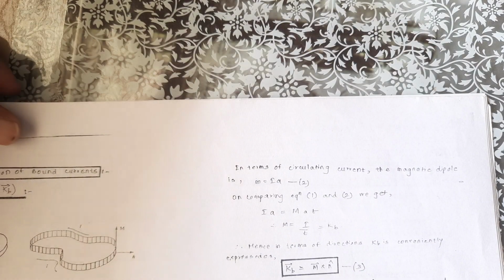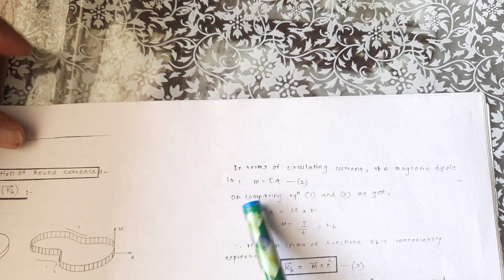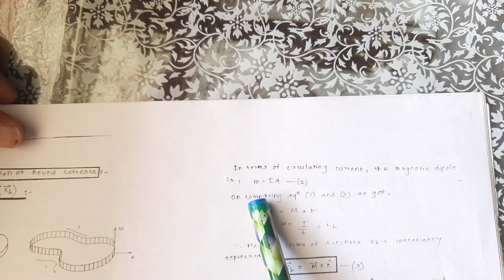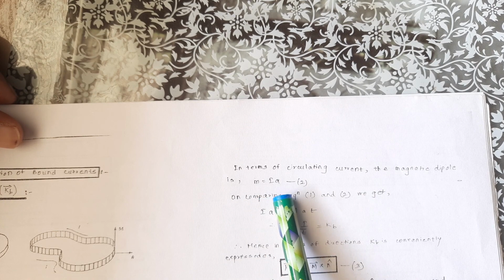In terms of the circulating current, the magnetic dipole moment is given as m is equal to I into A.